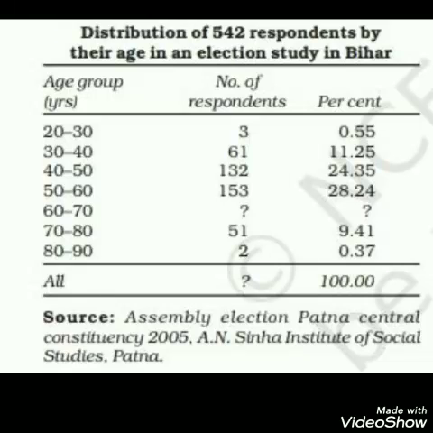In class interval 20 to 30 there are 3 respondents and the percentage is 0.55%. For 30 to 40, the number of respondents is 61 and the percentage is 11.25, and likewise. All these things are represented in numbers, in numerical facts, so these are called quantitative classification.